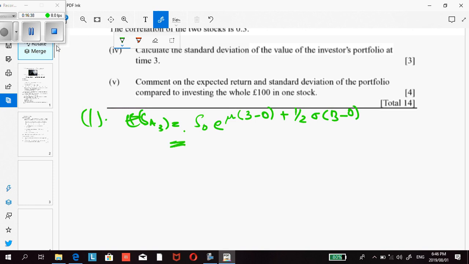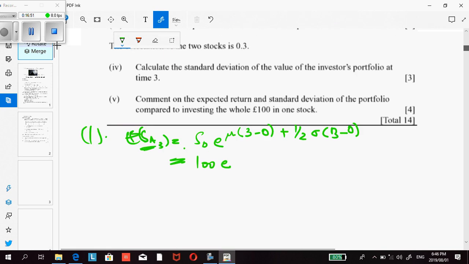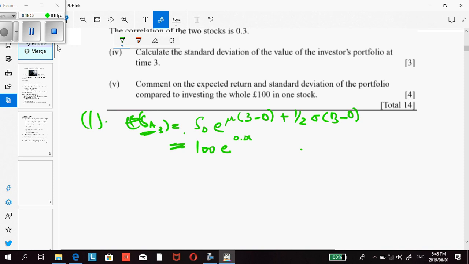I invested £100 in stock A, so I'm going to have 100 e to the power of, your mu for stock A is given in the question, it is 0.05, but don't forget to multiply by 3, plus a half.